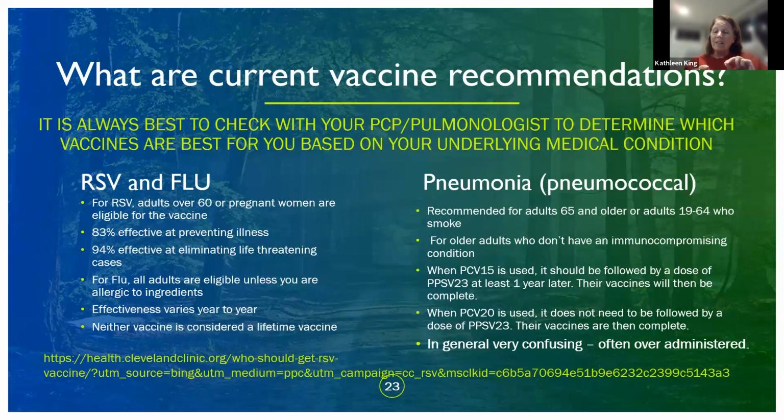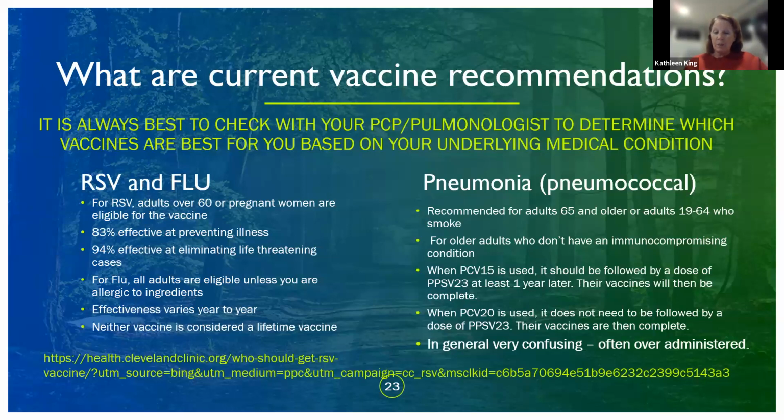Then your vaccine will be complete. Lifetime complete. Now, if you got the PCV20 at first, then it doesn't need to be followed by a dose of PPSV23. Your vaccine is complete as soon as you get the PCV20.